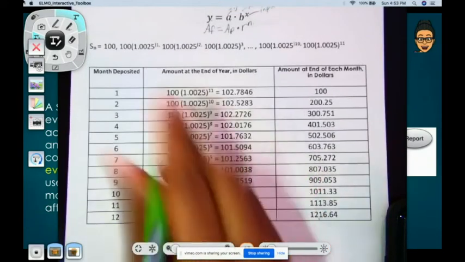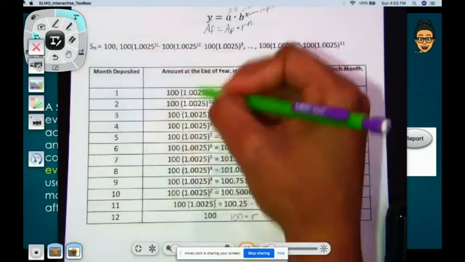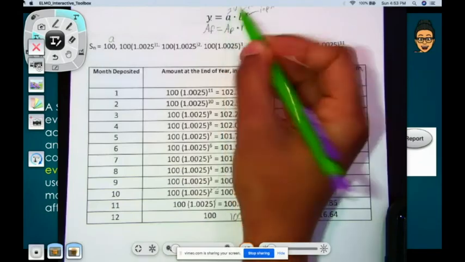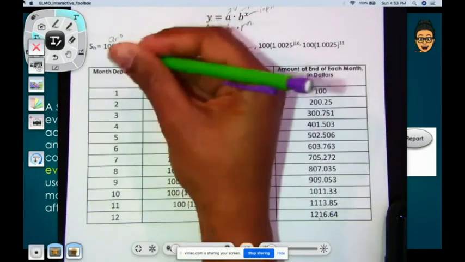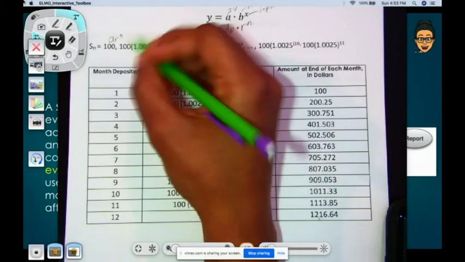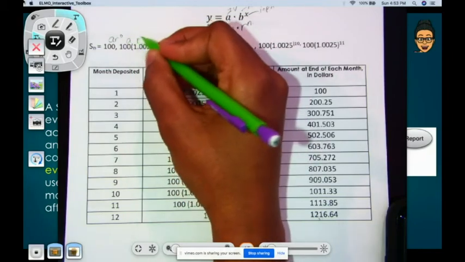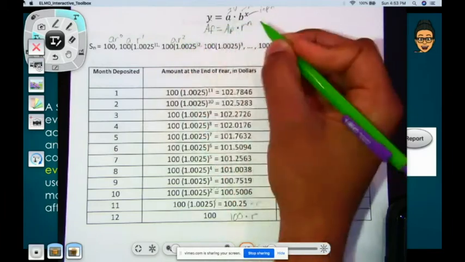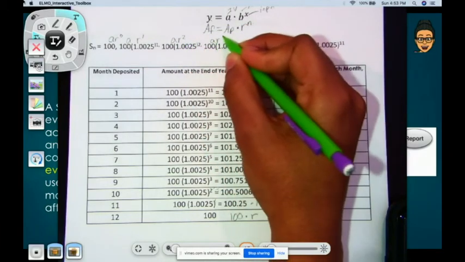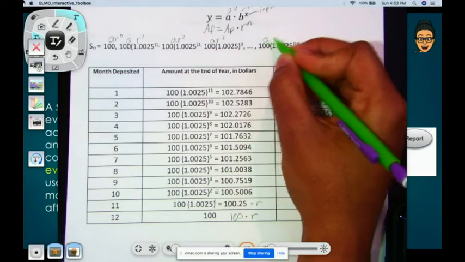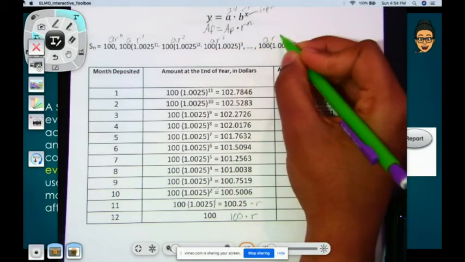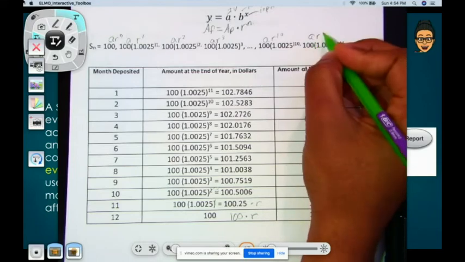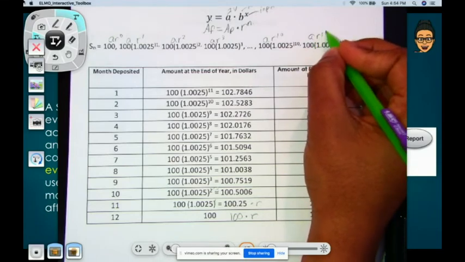That said, I know for the sum of the sequence, originally I would have A, my initial value, times R to the 0, meaning it did not earn interest anytime, versus A, my initial value times R once, initial value times my common ratio twice, initial value times my common ratio 3 times, initial value times my common ratio all the way to 10 and 11 times, taking into account my first deposit that sat in there and earned interest for 11 months.